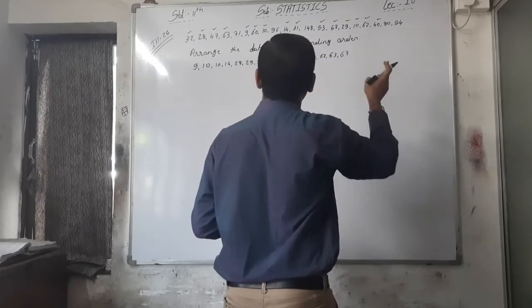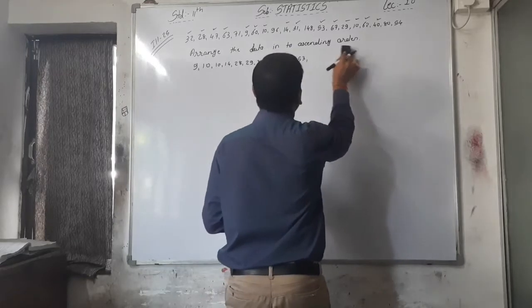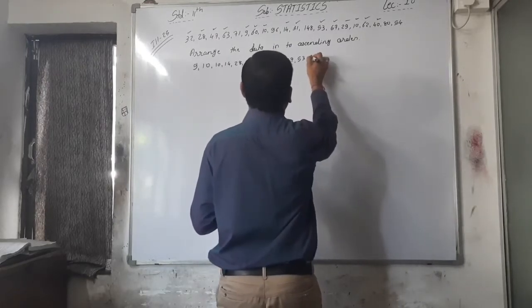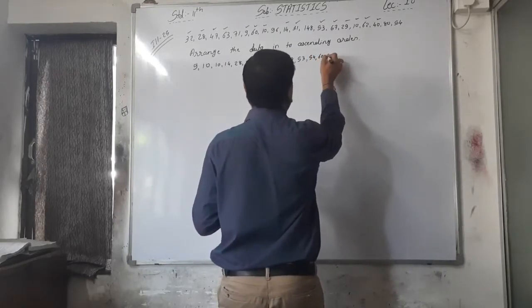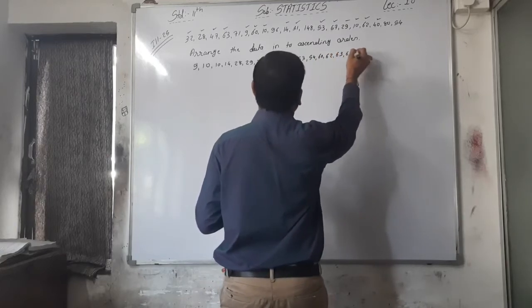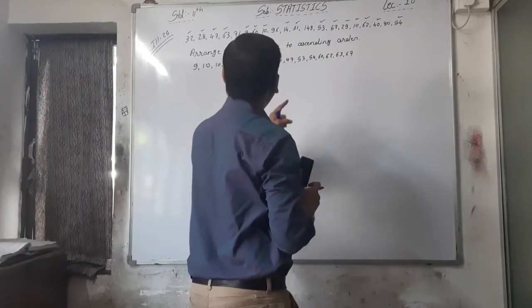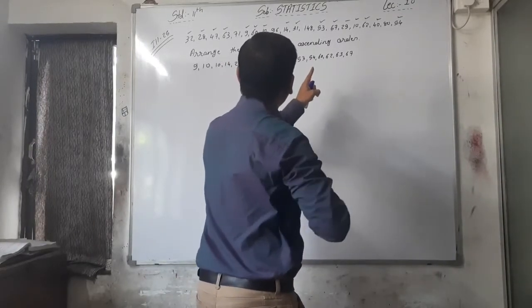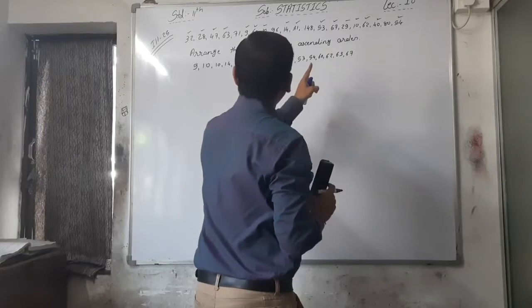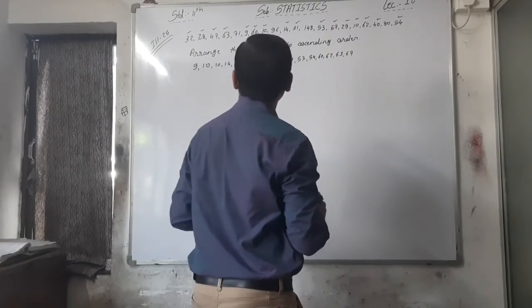We are missing 54 here. So first 54, then 60, then 62, then 63, then 67.